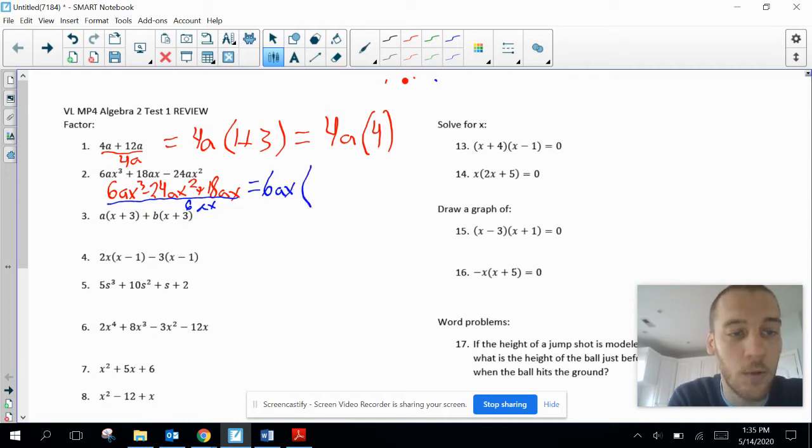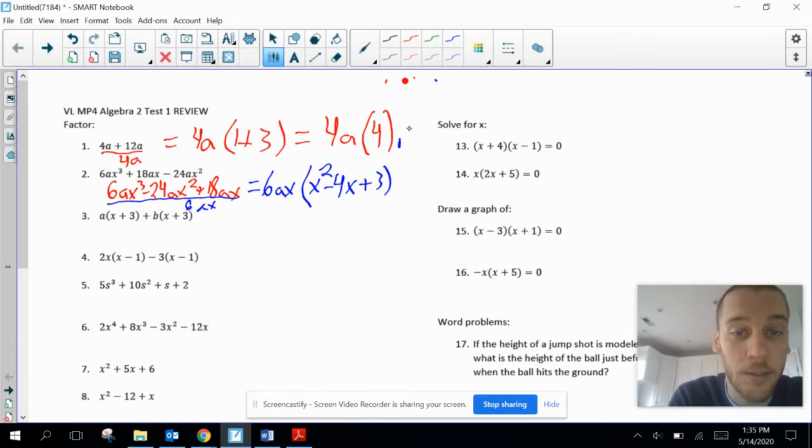So first term is going to be x squared minus 4x plus 3. Then we're going to try to find a way to multiply to get 3, but add to be negative 4.